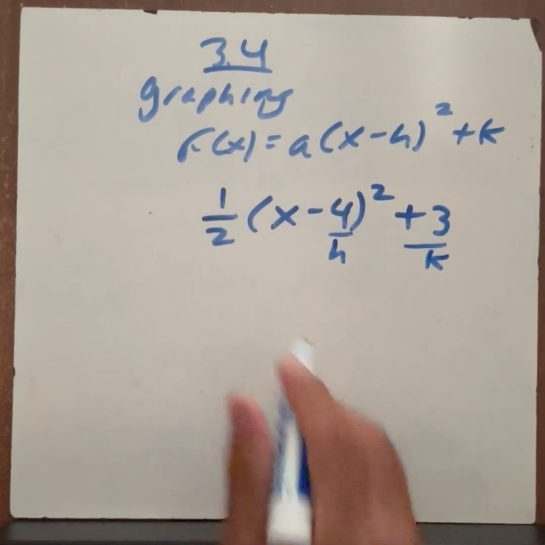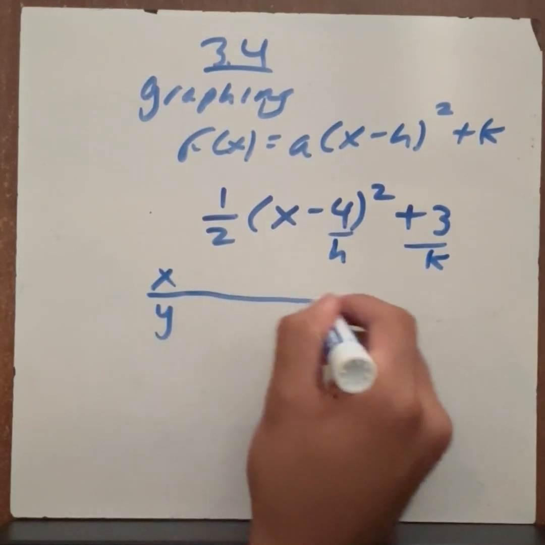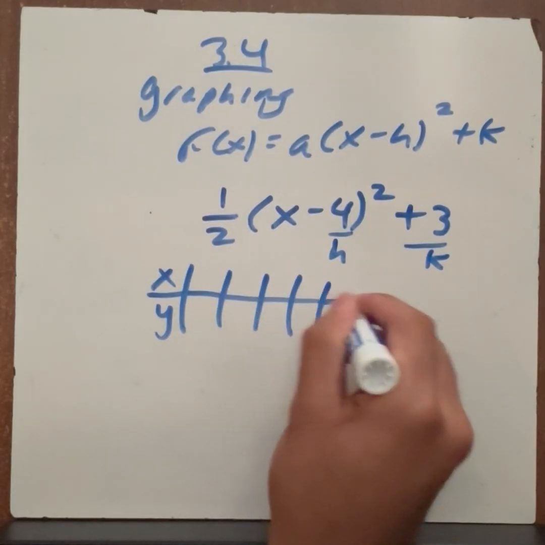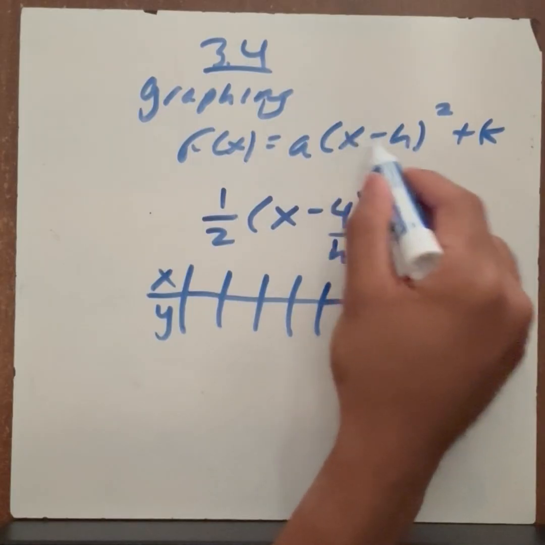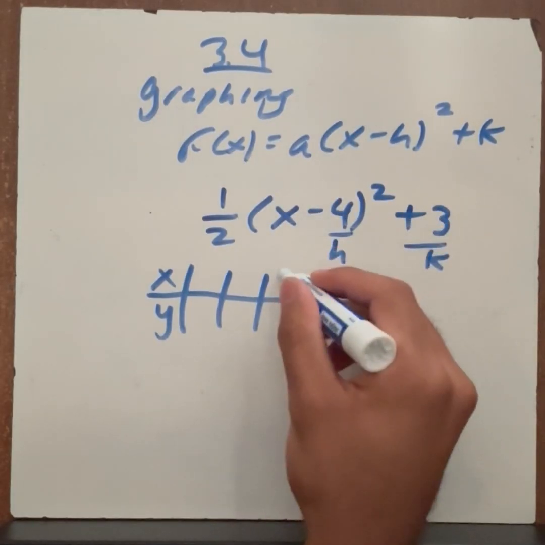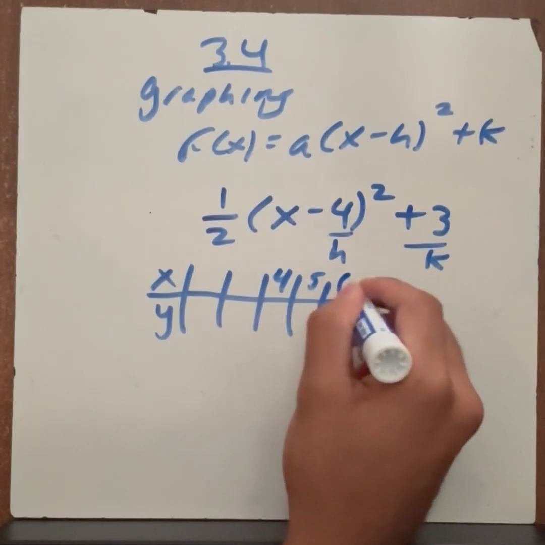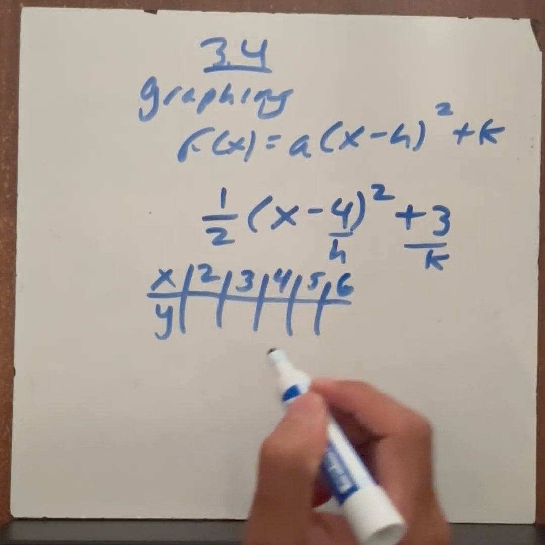Making an xy table, if we made 5 values for this xy table, because it already fits into x minus h and it's x minus 4, h is 4. So that's your middle value. Two numbers greater than that are 5 and 6, and two numbers less than that are 3 and 2.